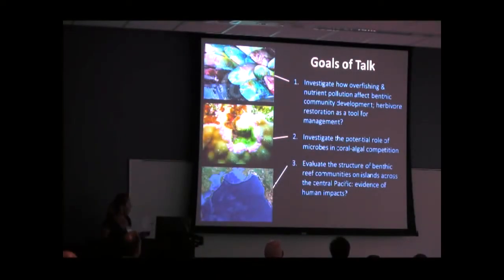So first, I'm going to focus on a study I did as a PhD student looking at the effects of overfishing and nutrient pollution on benthic community development, and look at the possible role of herbivores as a tool for reef restoration. I'm going to look at coral-algal interactions and introduce the potential role that microbes may play in them, and then we're going to evaluate the structure of reef communities on islands across the Central Pacific and look for evidence of human impacts.